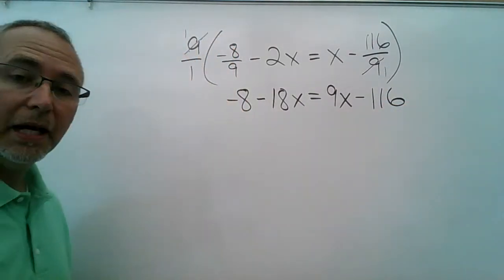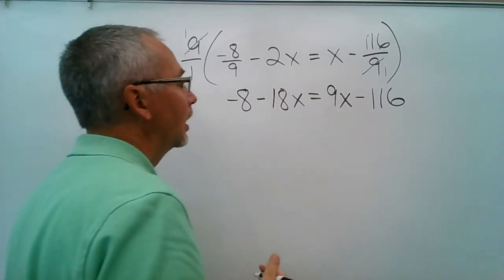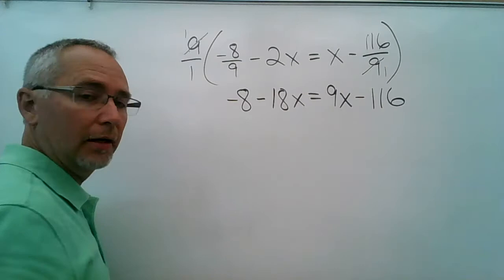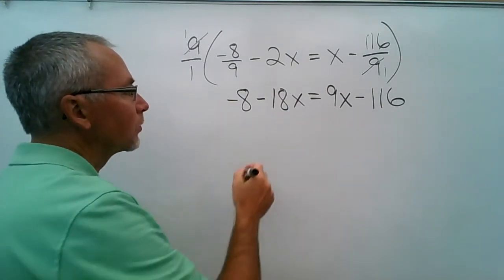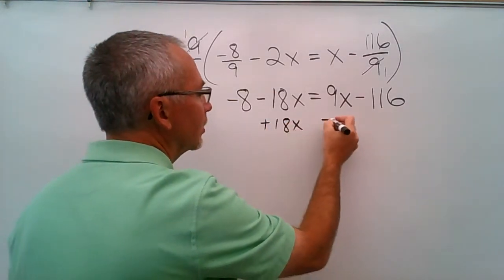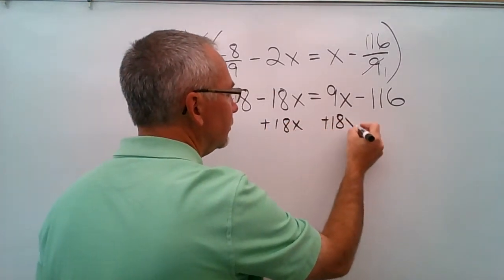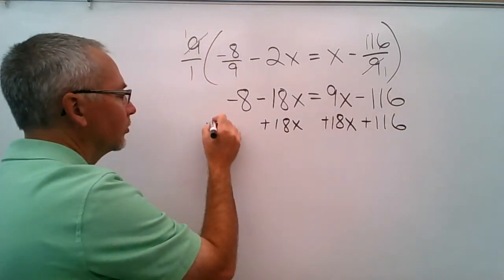Now that's a little bit easier to work with, and some of you may choose this to be your method of working with fractions in linear equations. So in this case, I'm going to add 18x to both sides, and I'm going to add 116 to both sides.